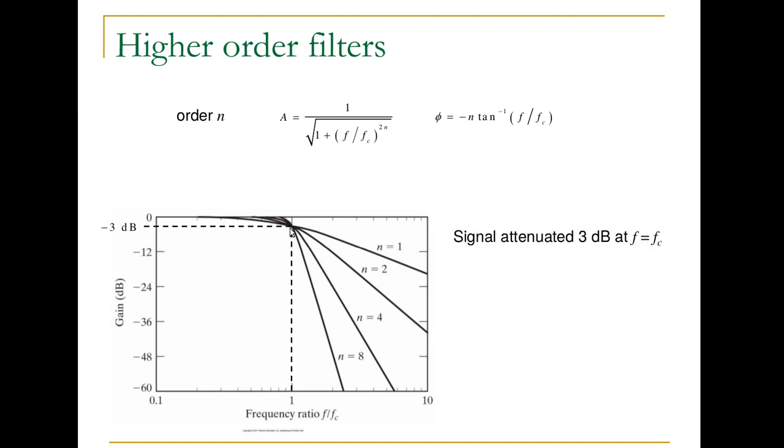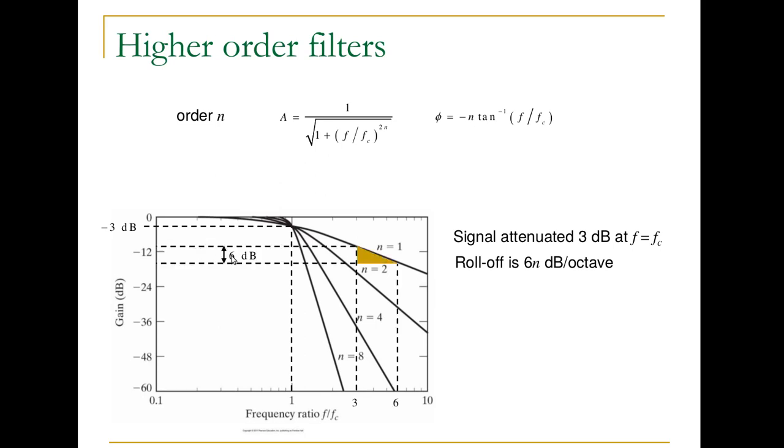Again, at the cutoff frequency, they're all at negative 3 dB, but then beyond that, the slope is 6 times n dB per octave, where n is the order of the filter. So for a first order filter, again 6 dB per octave, just like the active RC filter.